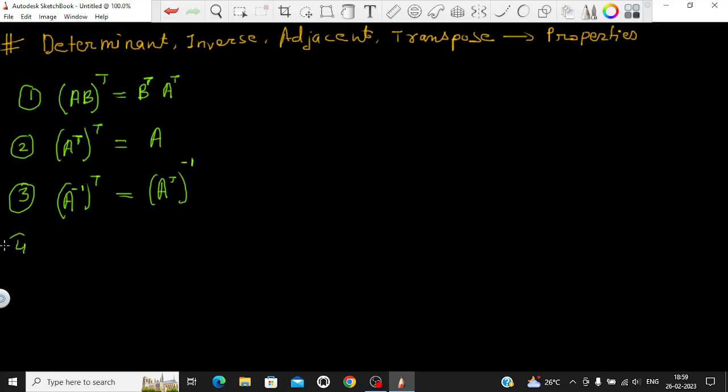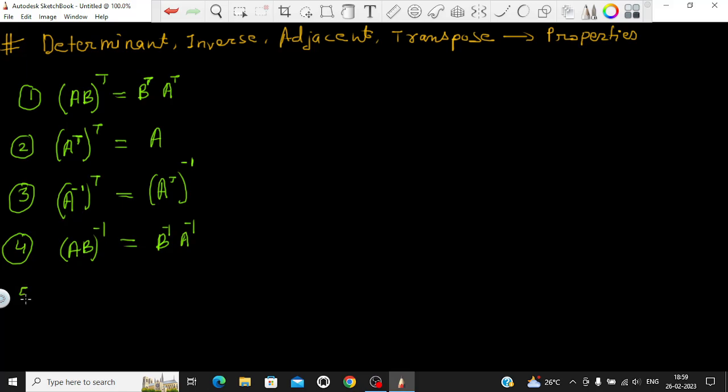Okay, the fourth property is, if you take the AB matrix inverse, then you will get B inverse multiplied with A inverse. This is the fourth property.